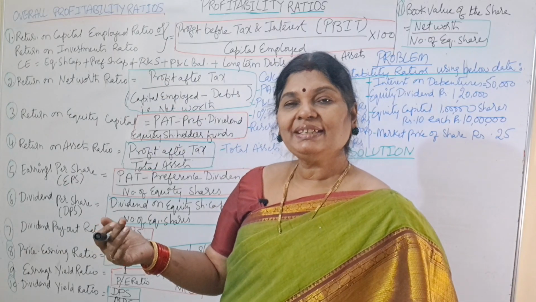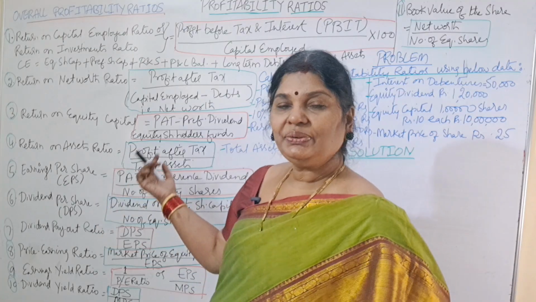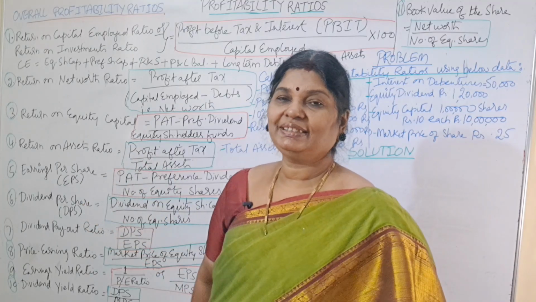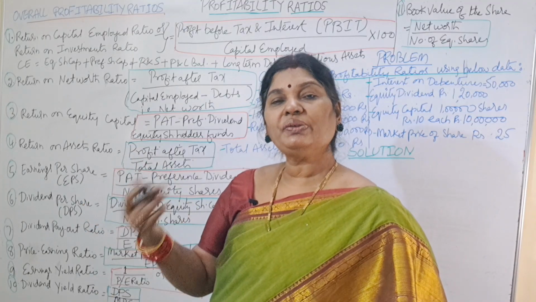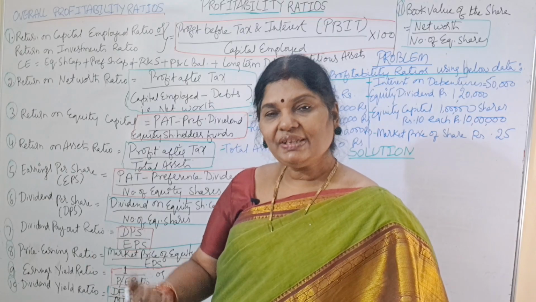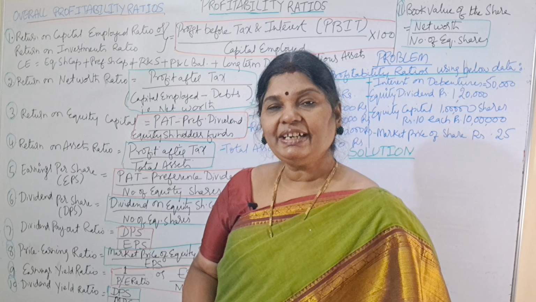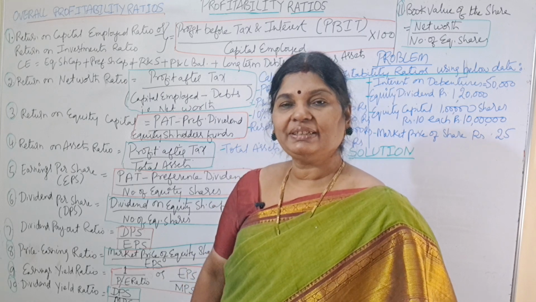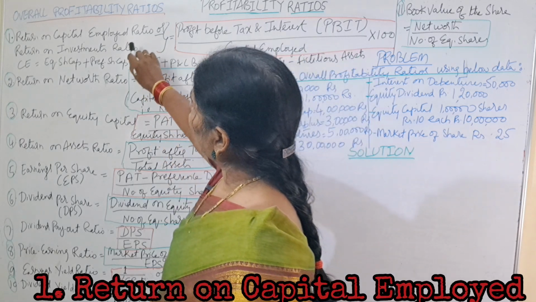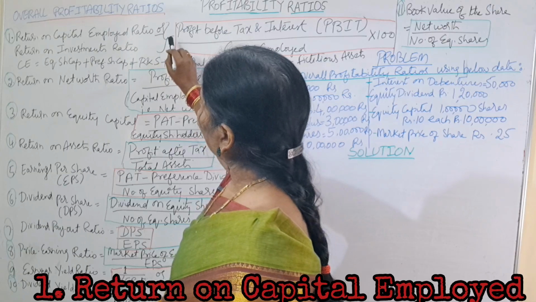Please go through all those videos once and revise those concepts, so you'll have a perfect understanding of the ratio analysis topic. So the first formula is return on capital employed ratio.